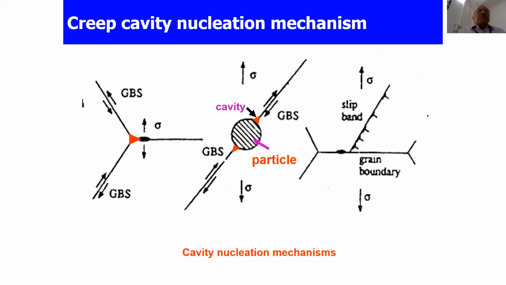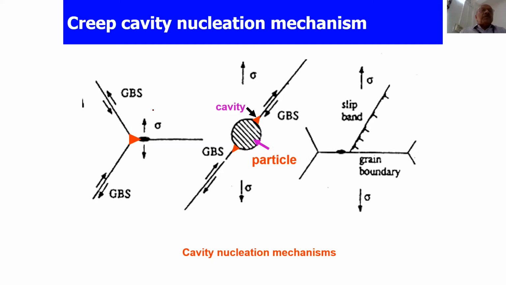But what I'm coming to is the creep damage. What is the creep damage? Creep damage is mostly in the form of cavities. How do cavities form in creep? At those high temperatures where creep occurs, grain boundaries start sliding. The strength of the grain boundary is lower than that of the grain interior.